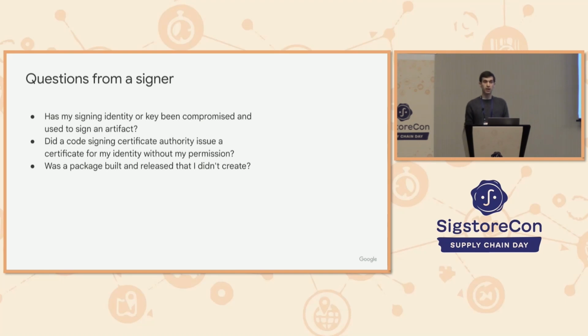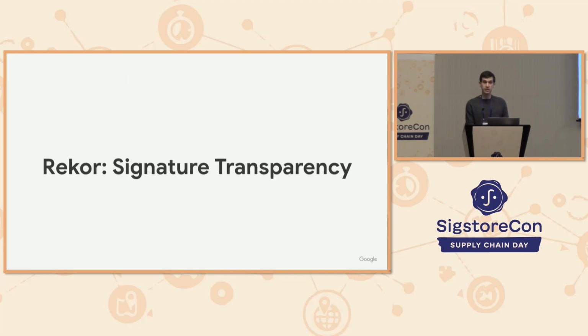Remember, the motivation behind transparency is discoverability of claims. So one such question might be, did my identity get compromised? Or in the case of Sigstore, did the certificate authority, Fulcio, issue a certificate without my permission? Or have I built and released a package and generated an attestation that I didn't expect? So our answer to this is signature transparency, and our implementation is Rekor, which is our signature transparency log.